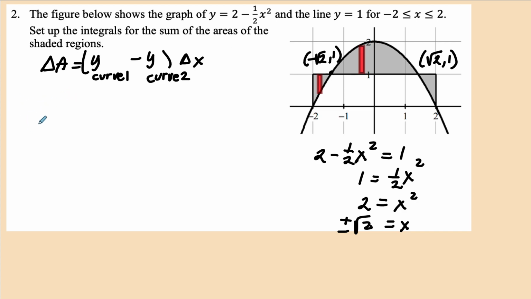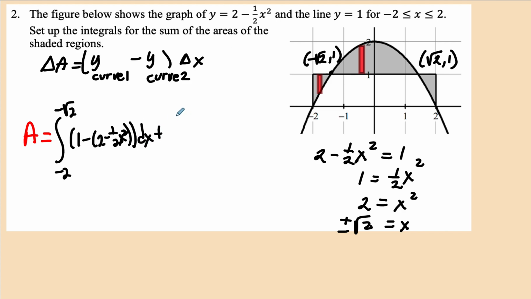So my area will be equal to, the first area will be the integral from -2 to -√2, and my upper will be 1 minus my lower, which is 2 minus 1/2 x squared, and then dx, plus, and then my next integral will be from -√2 to √2, and that'll be my quadratic in my upper, and then minus 1 for my lower.